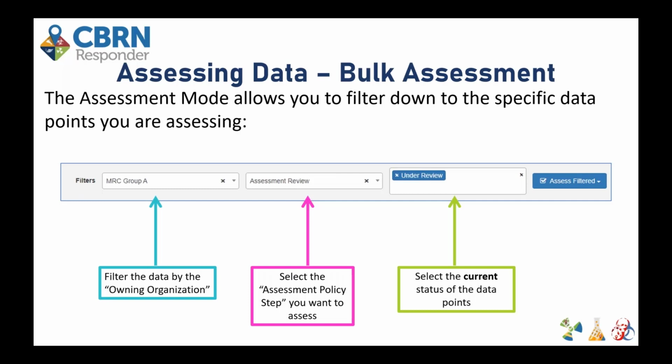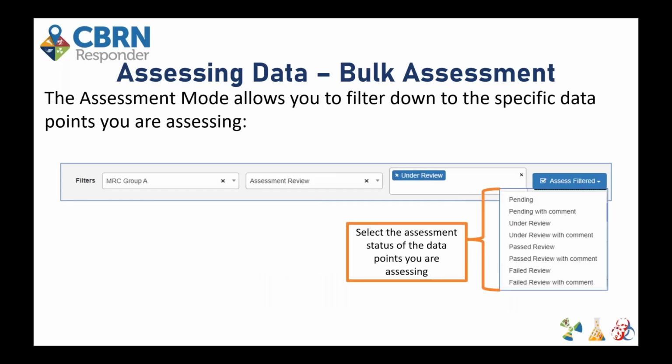And then you will select the current status of the data points. So not the status that you want it to update to, it's what it's currently listed as. So if you were in the process of assessing 10 data points and you listed them all as under review, that's what you would select here. And then you would set the new status here to the following list.